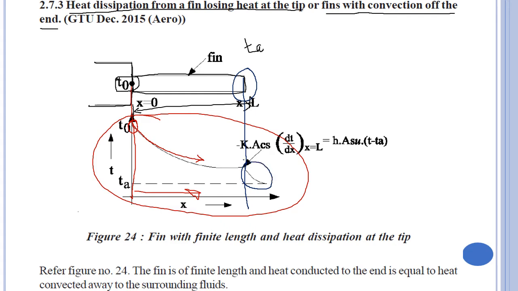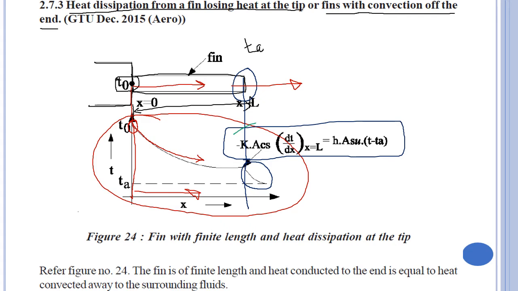So here the heat conduction equals the heat convection. All the heat conducted through the fin will enter the environment, that is, it will be dissipated to the surrounding by means of convection.